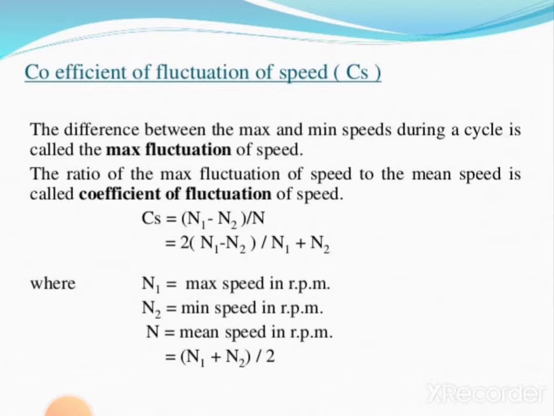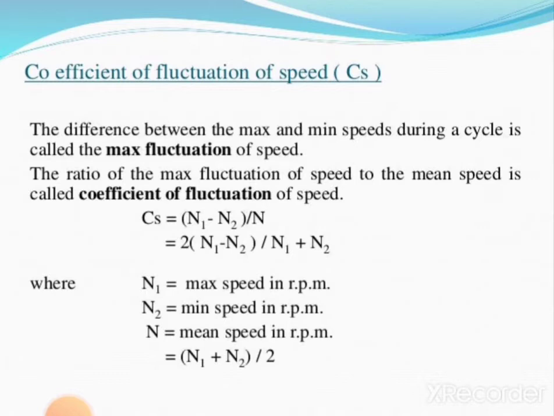What is the coefficient of fluctuation of speed? It is the ratio of maximum fluctuation of speed to mean speed. When the ratio of maximum fluctuation of speed to mean speed is taken, we get the value of coefficient of fluctuation of speed Cs.